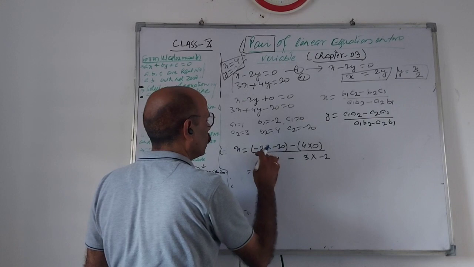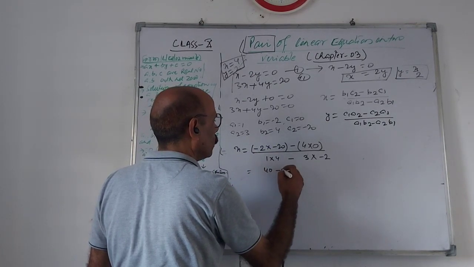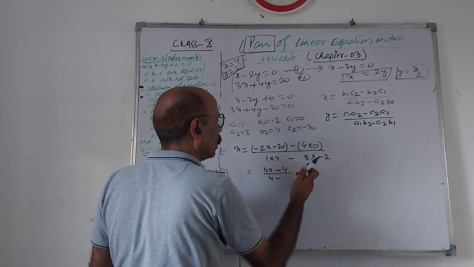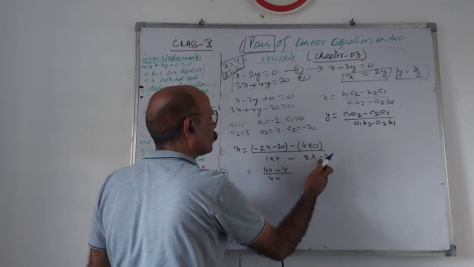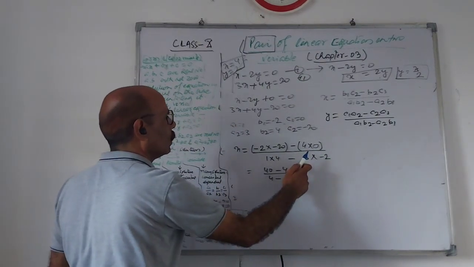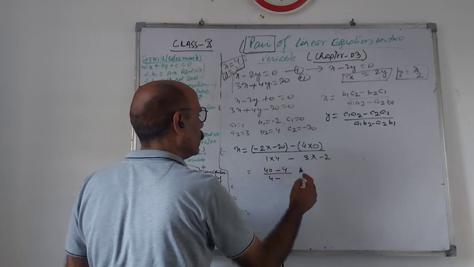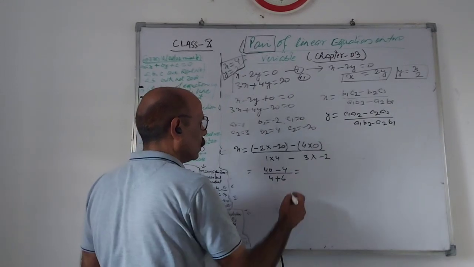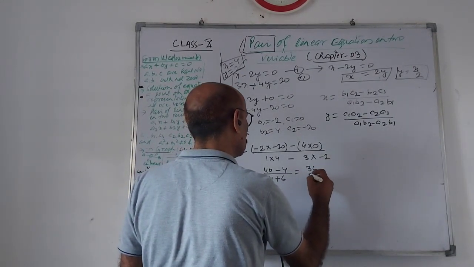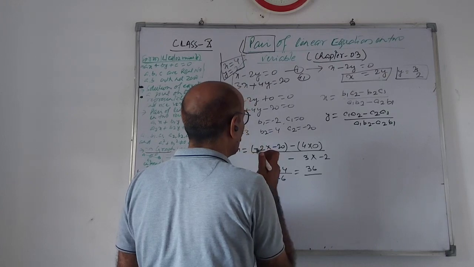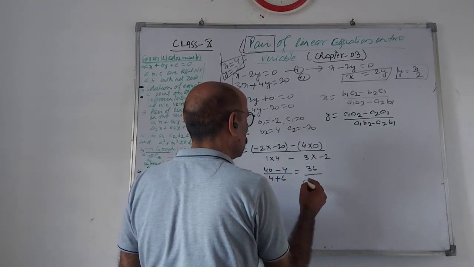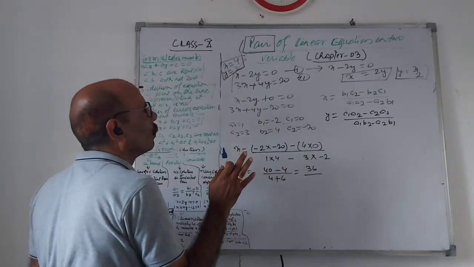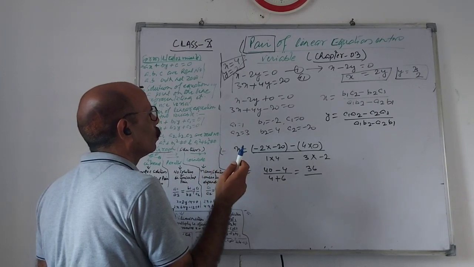Okay, this will be what? Minus into minus 40 minus 4, by 4, here minus into 3. So 3 into 2 is 6, plus 6 is 10. Let me check b1 c2.